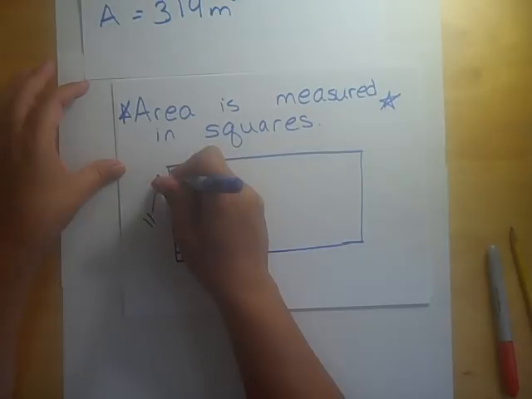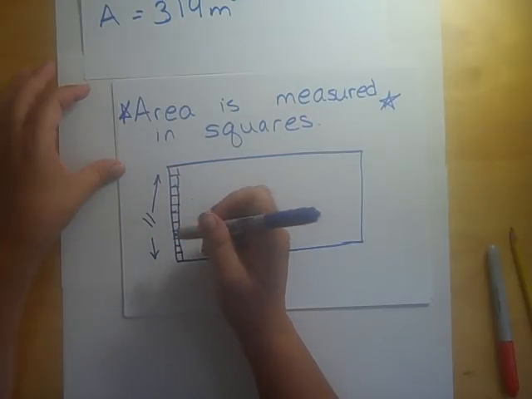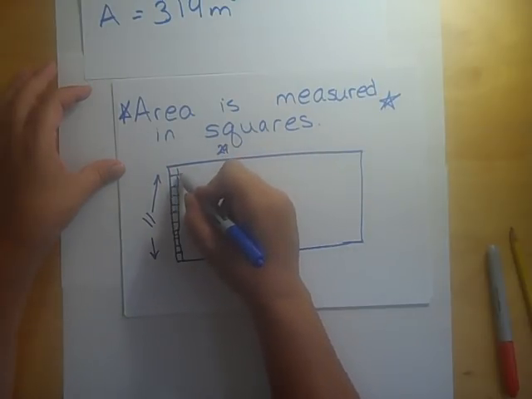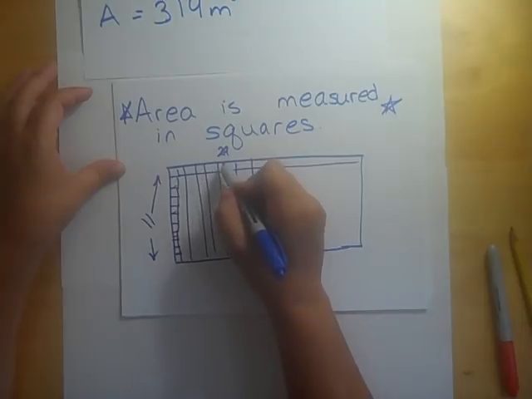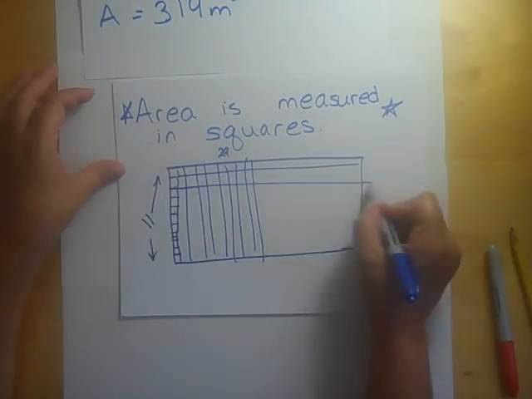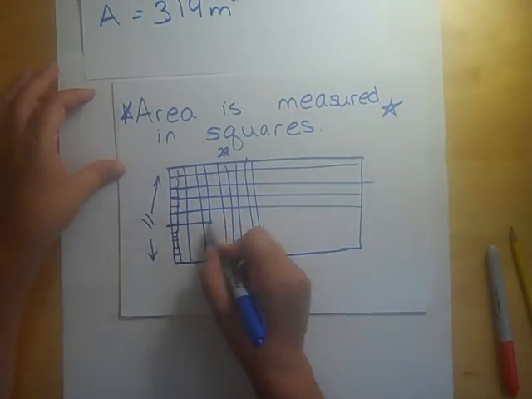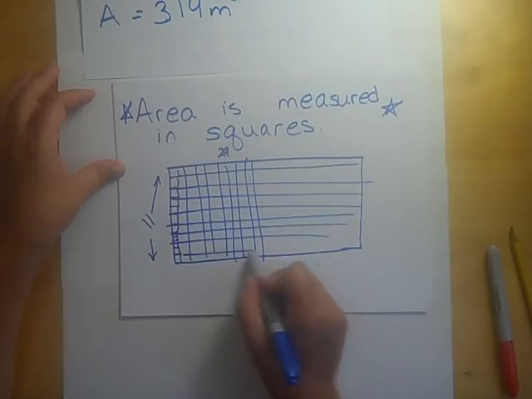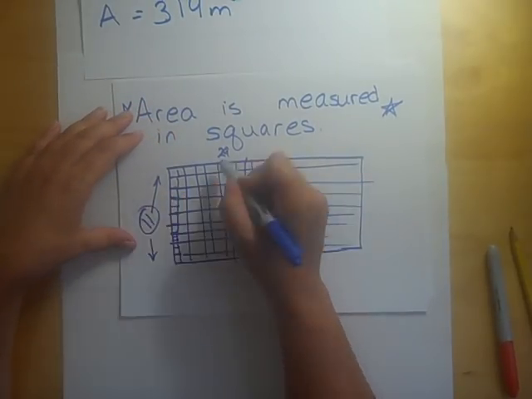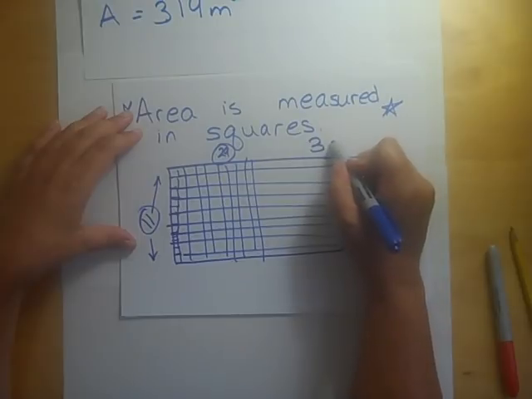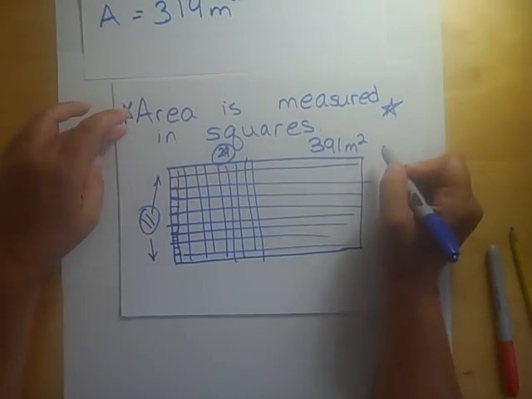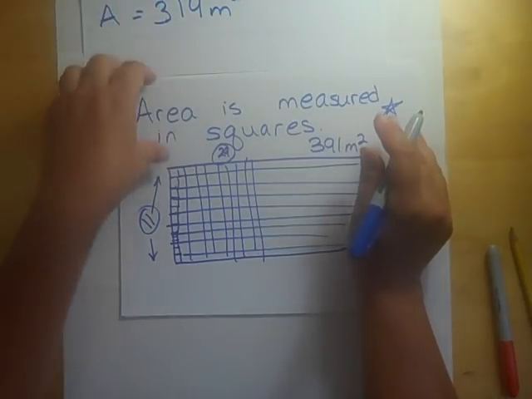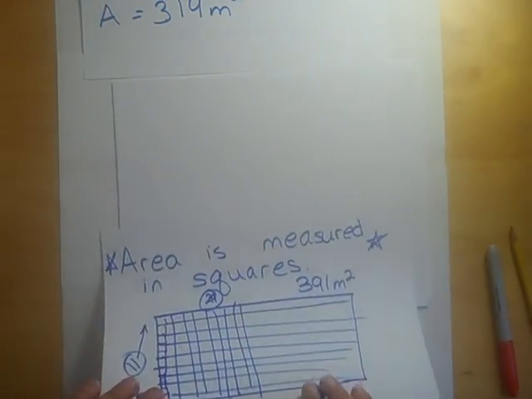So I could fit 11 that way, and I could fit 29 this way. And rather than draw all this, or try to figure all this out, we can just use multiplication and get what we did in the other one, 29 times 11. This would be 319 square meters. Okay, so area is measured in squares. Little squares that you can put on top of the space.